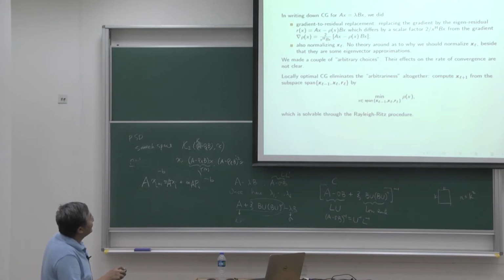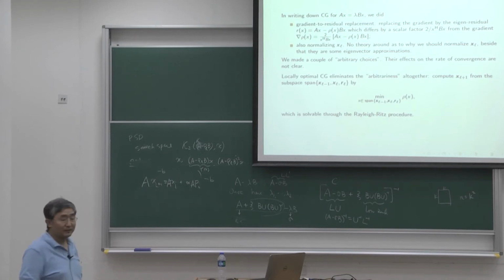Now we talk about maybe getting rid of the arbitrariness and taking another approach. This is where the so-called locally optimal CG comes in. The idea is you get rid of all the p vectors altogether.